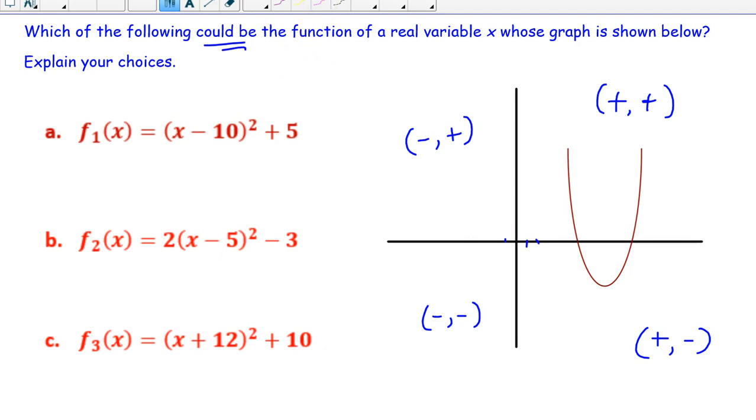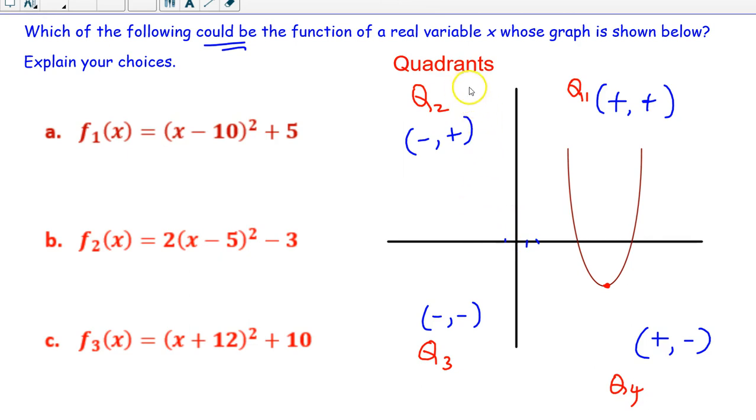Now, this vertex, let us see. I'm looking at this vertex form of quadratic function. So, this vertex, it happens to be in which quadrant? It is in the fourth. Let me write down that also. Q1, first quadrant, Q2, second quadrant, Q3, third quadrant, and Q4.